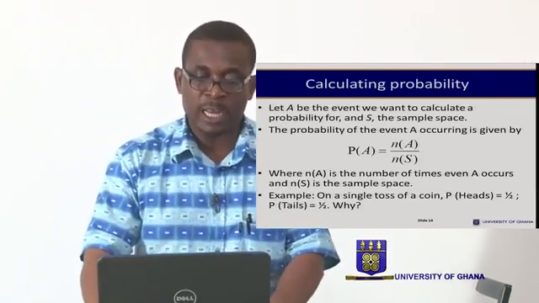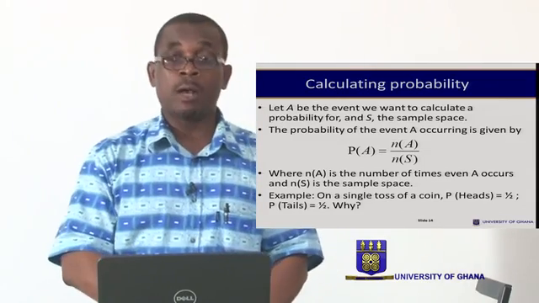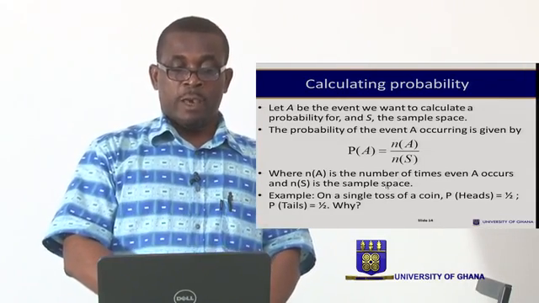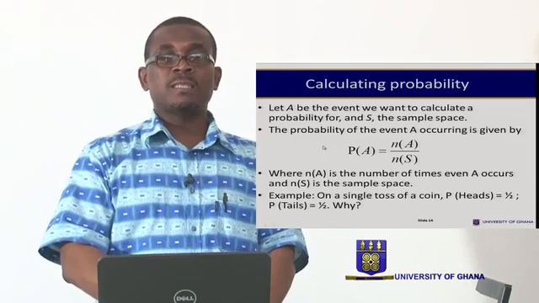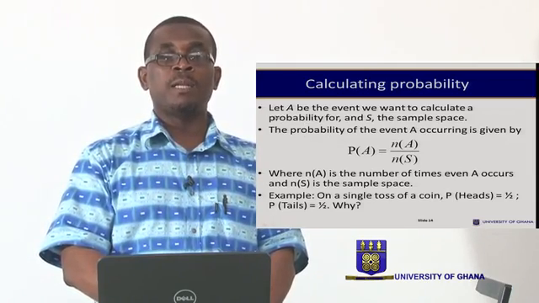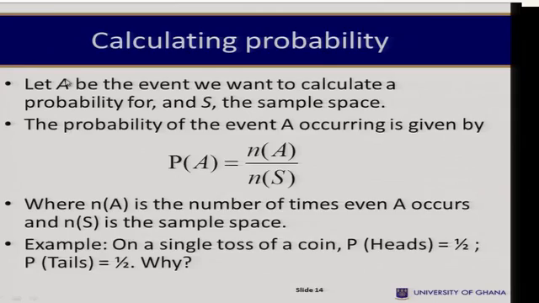Now let's illustrate how the probability is calculated. Let's say the event that we want to calculate the probability for, we call it A, and S is the sample space, all the possible outcomes in the experiment. Then we write P(A), meaning the probability of the event A, and it is equal to n(A) over n(S).